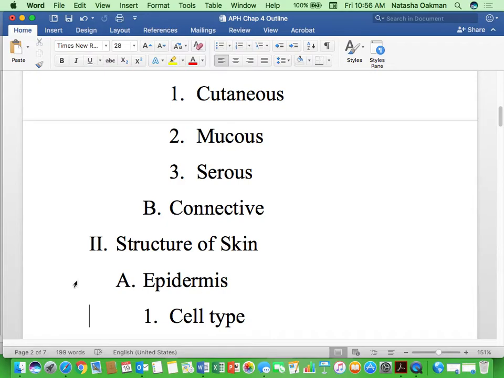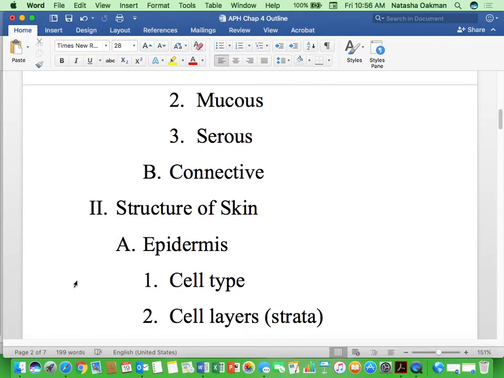When we get deeper into the layers, we'll find that those deeper layers aren't keratinized, but they gradually form keratin as they grow outwards. And so we will take a look at those layers of cells and see what's going on in those layers.